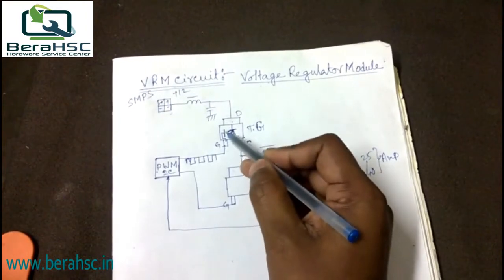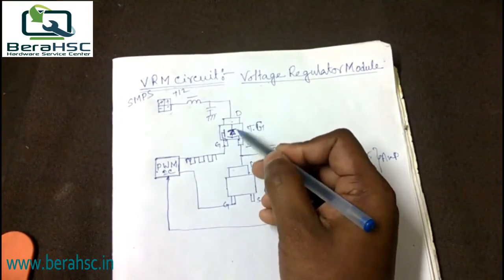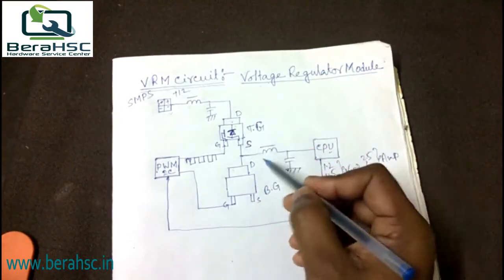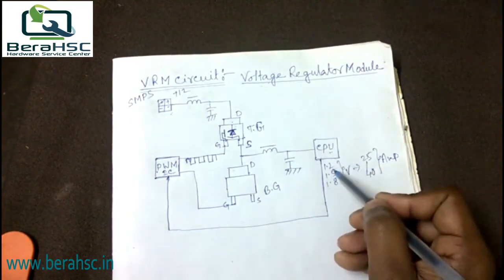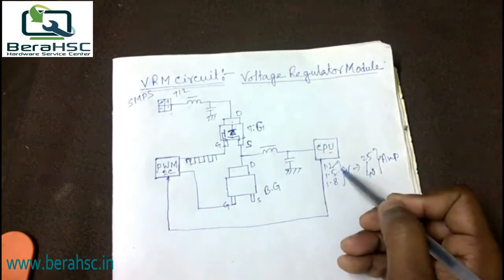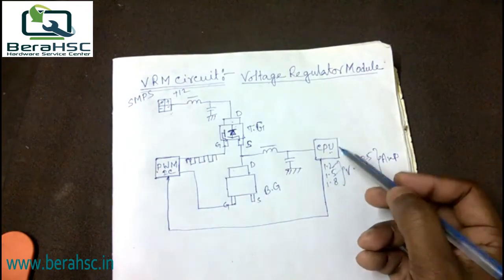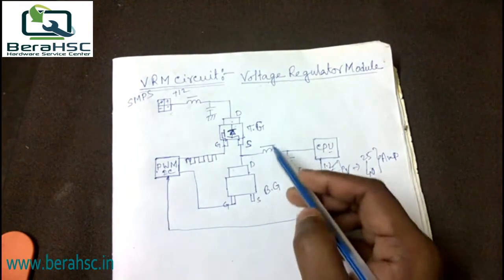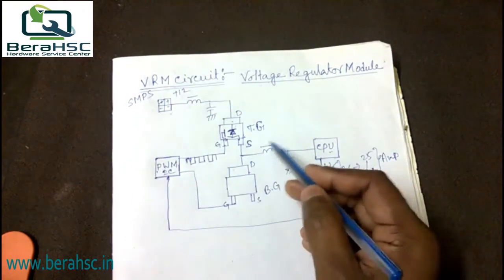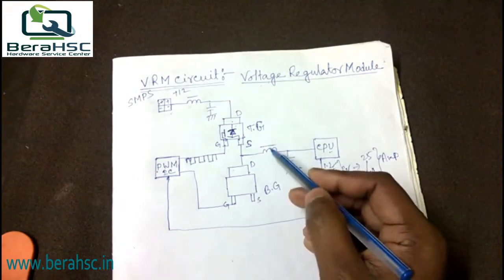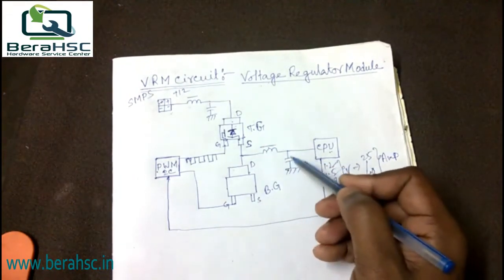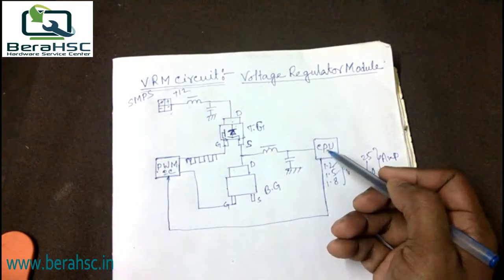After that the gate is enabled, then the 12 volt is converted to the required processor voltage, like 1.2, 1.5, and so on. After that this voltage is filtered by the output coil and output capacitor and goes to the CPU.